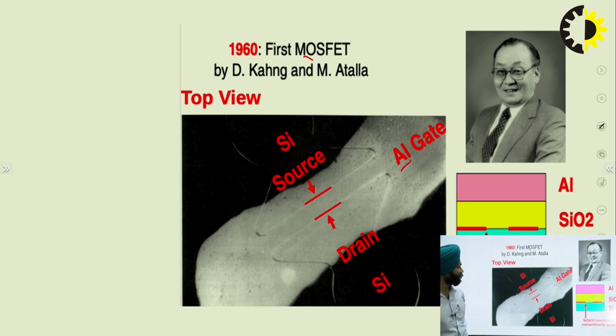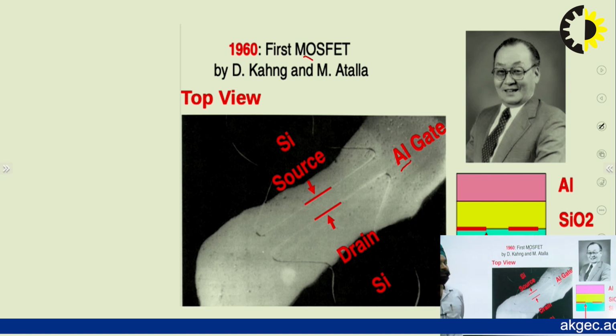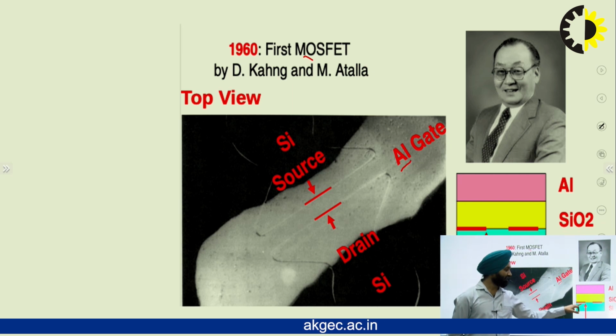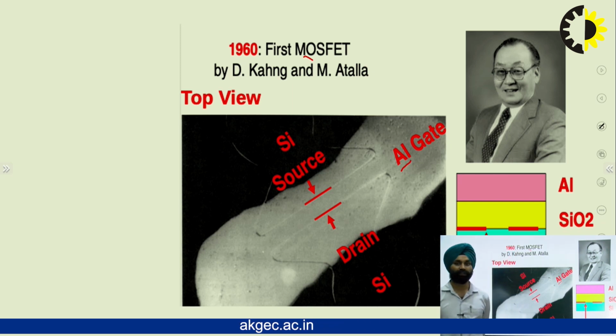This first MOSFET was given by Kahng in 1960. It gives an interface with silicon oxide, using metallic contacts that were extraordinarily good contacts.